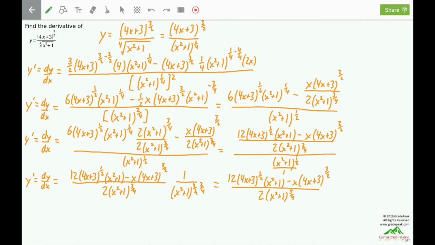The last thing we're going to be able to do is factor the numerator a little bit, and that should simplify our result.